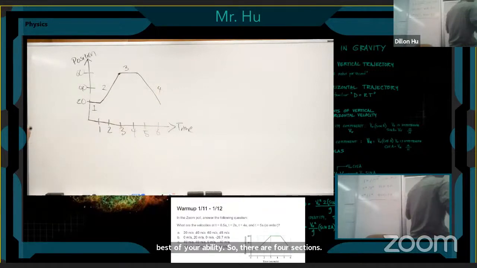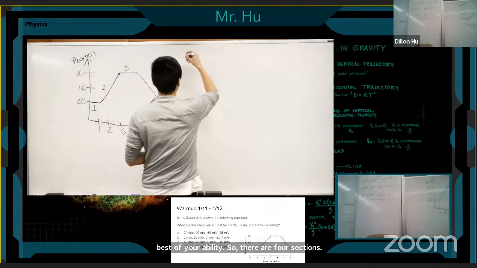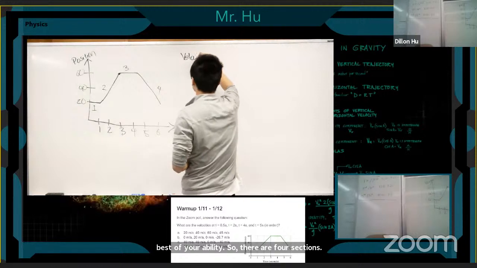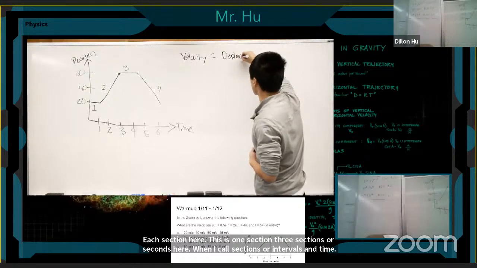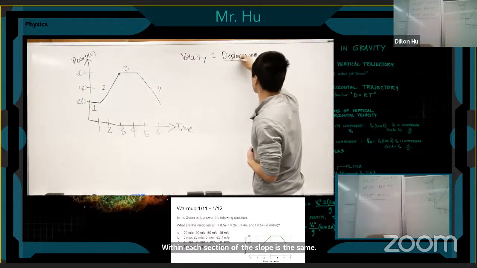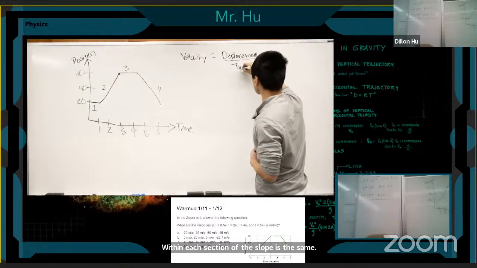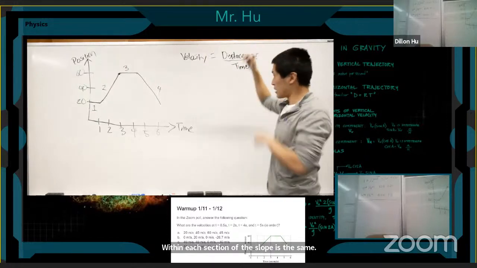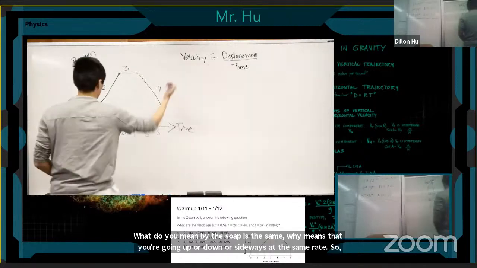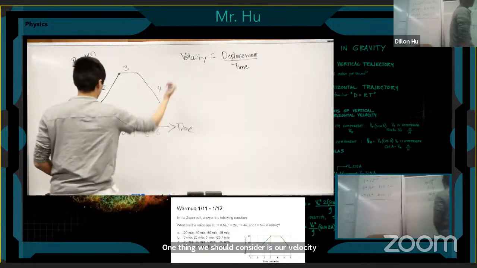So one thing we should consider is that our velocity is our displacement. Our displacement means our change in position over our change in time. In other words, our velocity is the slope of this graph.